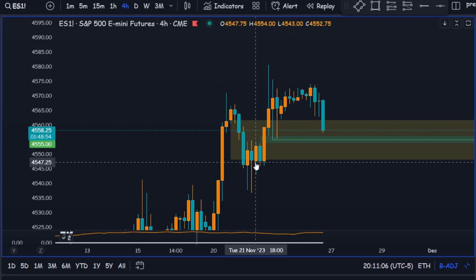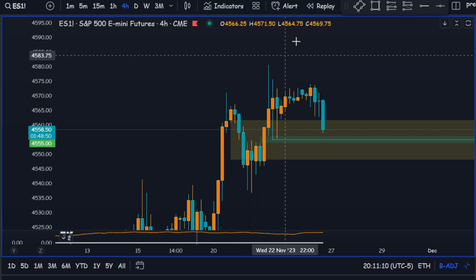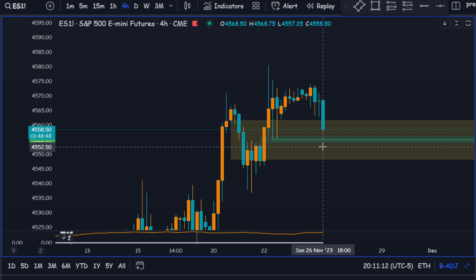Okay. Normally, when we leave an order block and then we come back to it, we don't violate more than the halfway level. So actually, no. The first time we can violate more than halfway, but after that, we should really be leaving that halfway level intact.